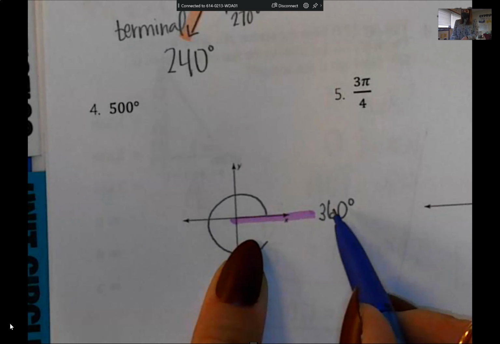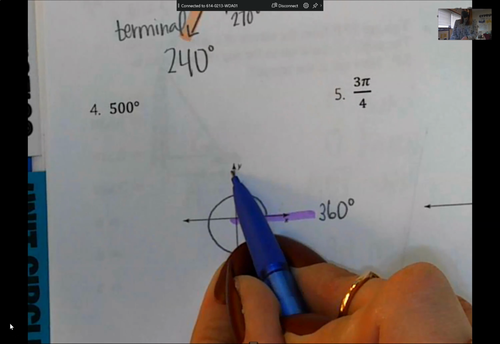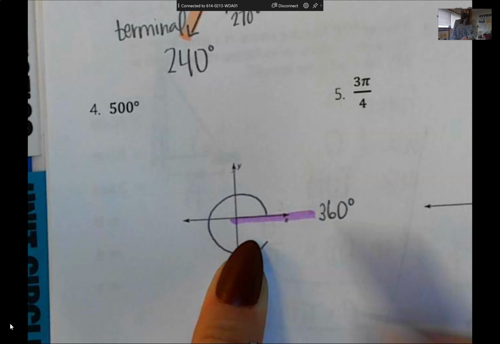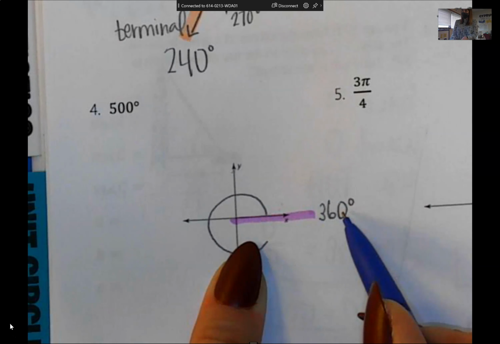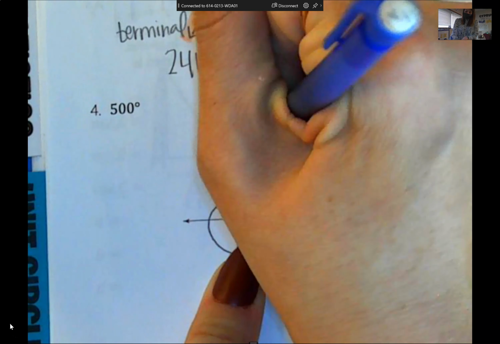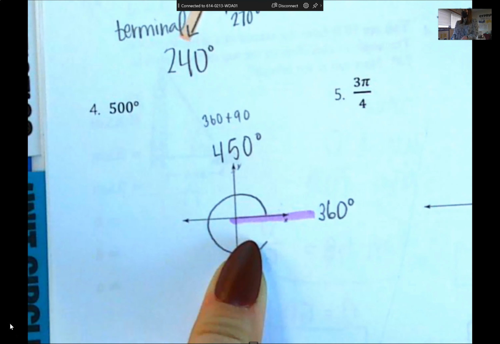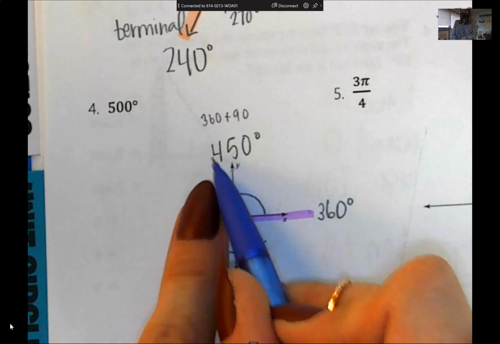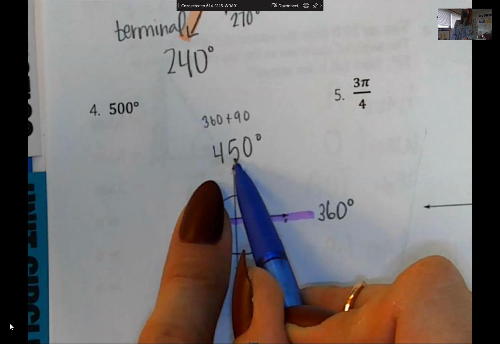So in order to find this, he's not 90 anymore. He'd be 360 plus 90, which is 450, I believe. So a full circle plus 90 degrees.